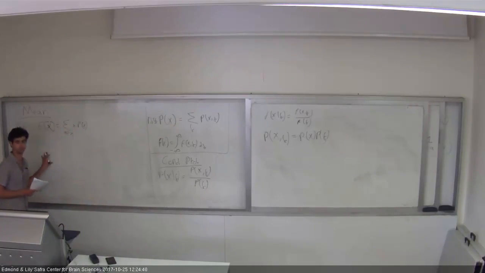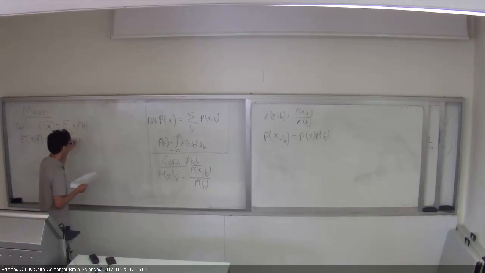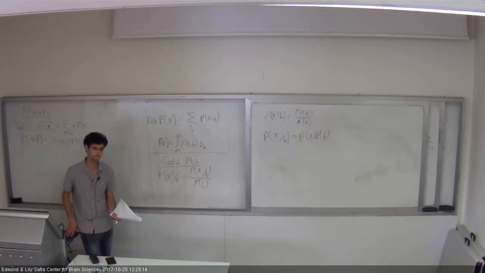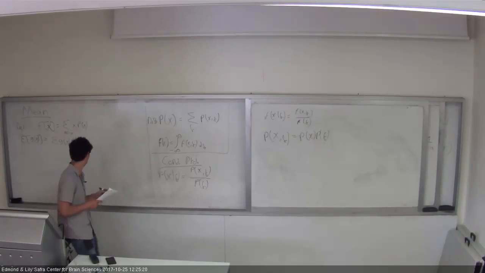The expected value of some function g of x is just the sum over, right, we can go over all the values of x, or over all the values that g of x can get, of g of x times p of x. Okay? What is the expectation of some constant? The constant, right.